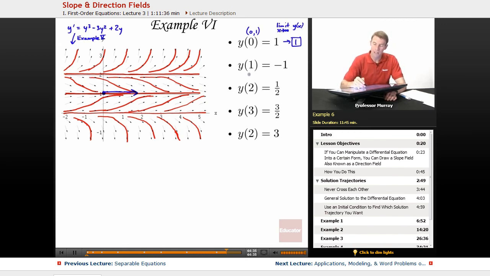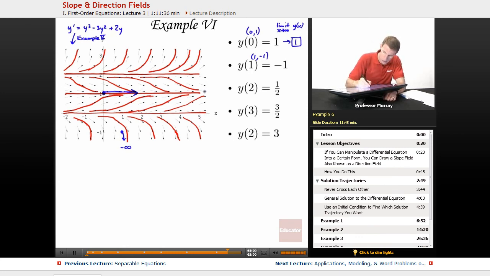Now, y of 1 is equal to negative 1. That means we're starting at x is equal to 1 and y is equal to negative 1. So x equals 1 is here, y is negative 1 here. And so that looks like it's going to catch up with one of these solution trajectories that's just going down to negative infinity. So that's going nowhere but negative infinity.